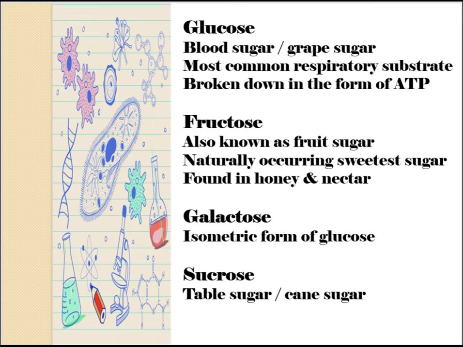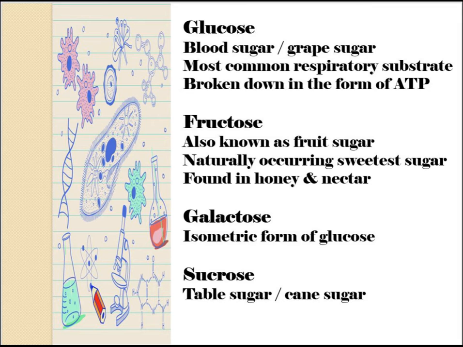Like, galactose has 4 forms. That is alpha D galactopyranose and beta D galactopyranose, and alpha D galactofuranose and beta D galactofuranose.